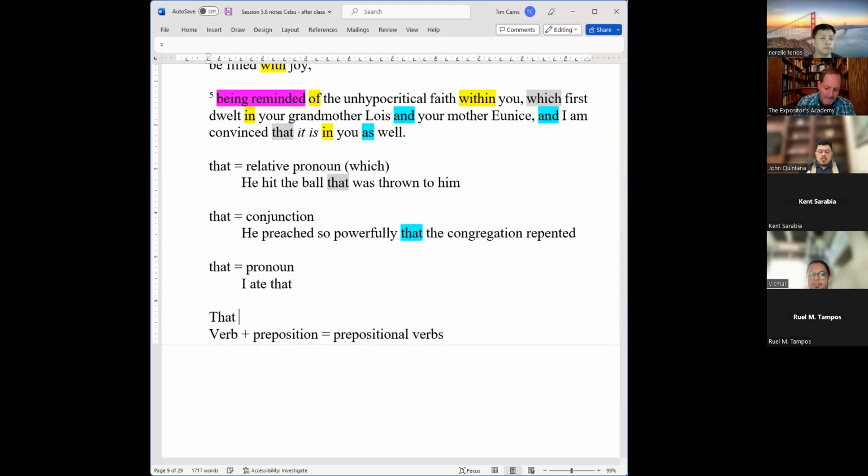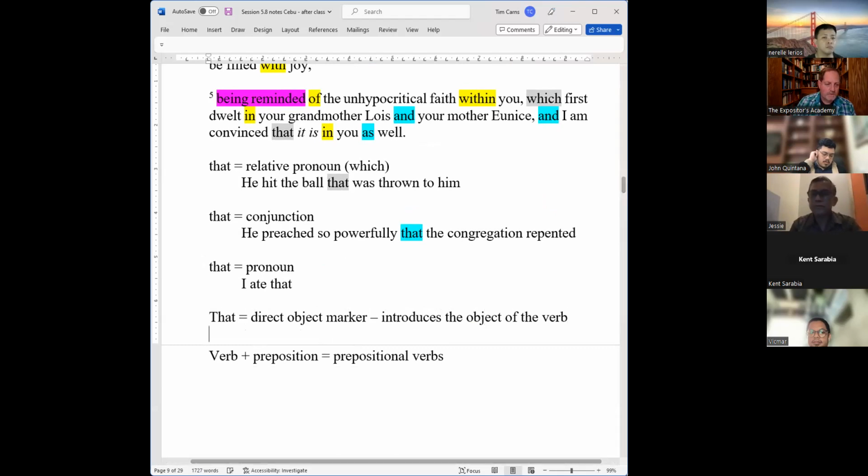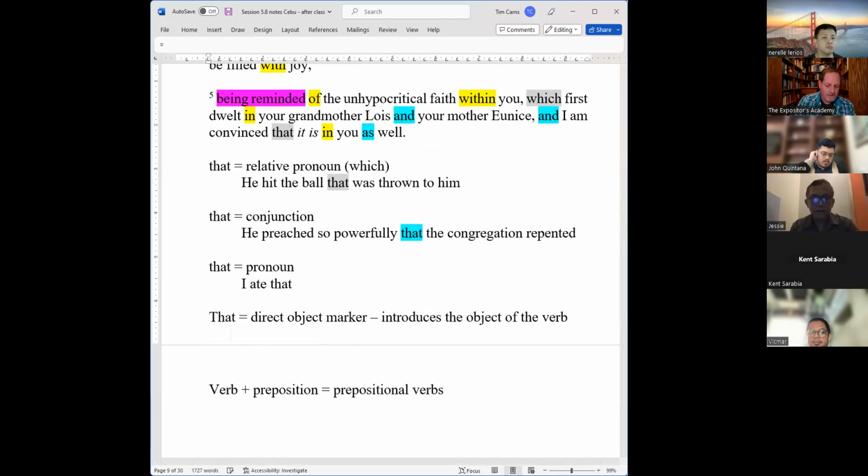Or "that" can function as what we call a direct object marker. That is, it introduces the object of the verb. And we see this a lot in statements like: she said that she was tired.